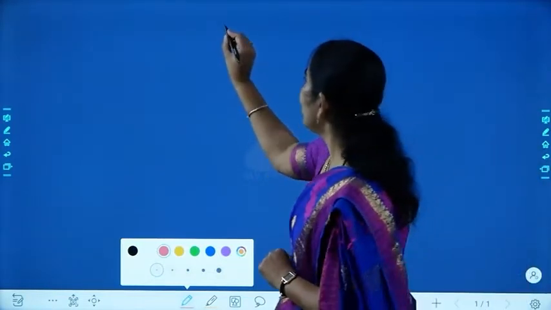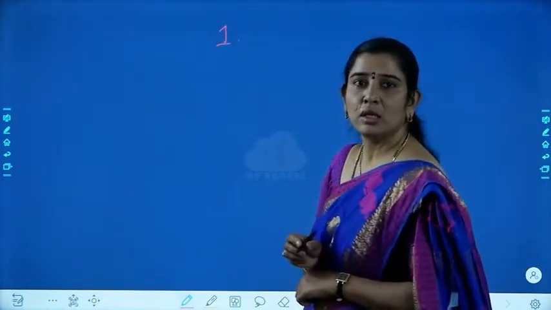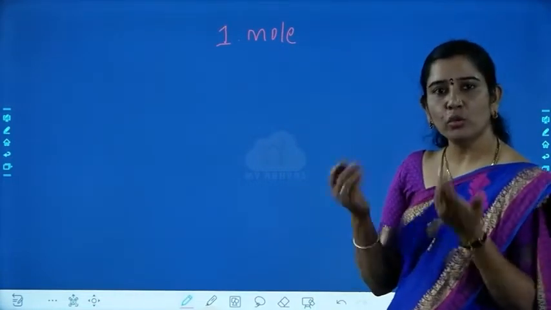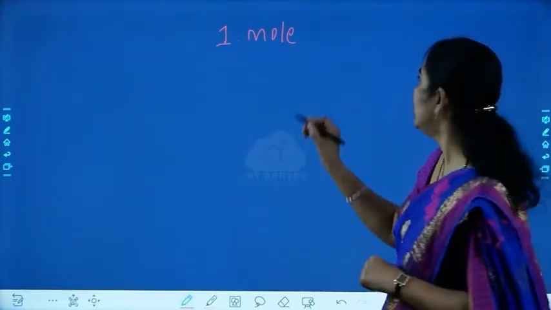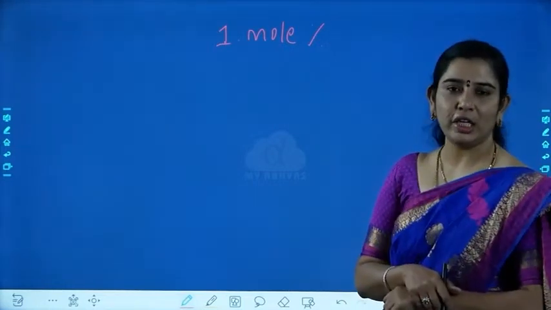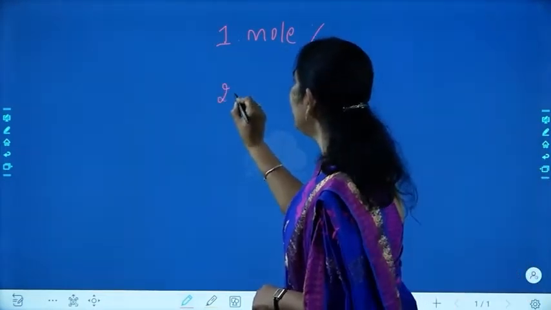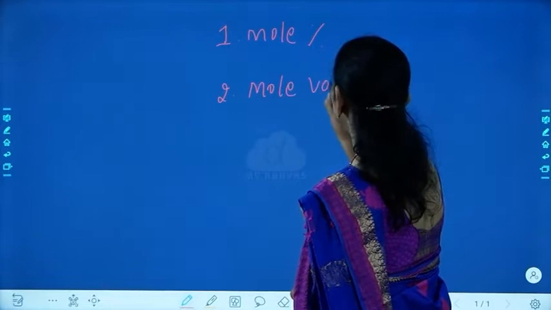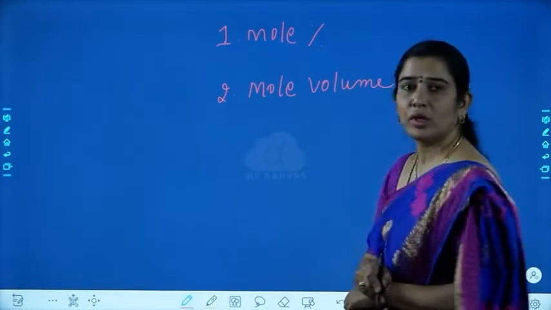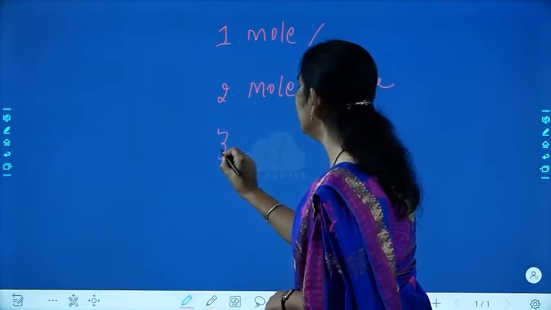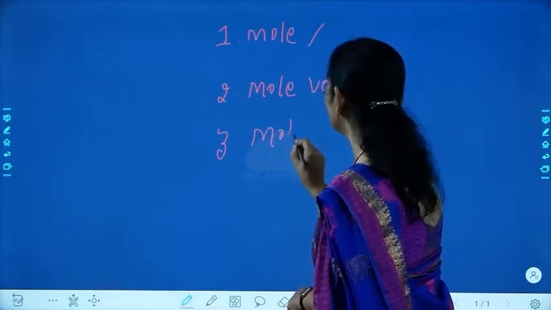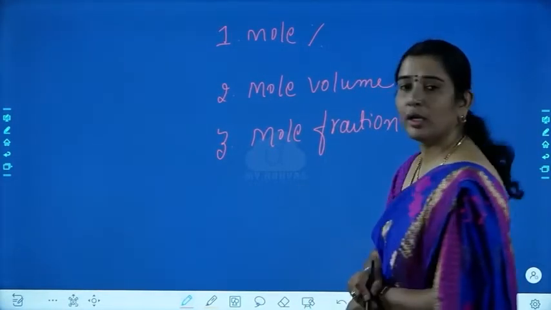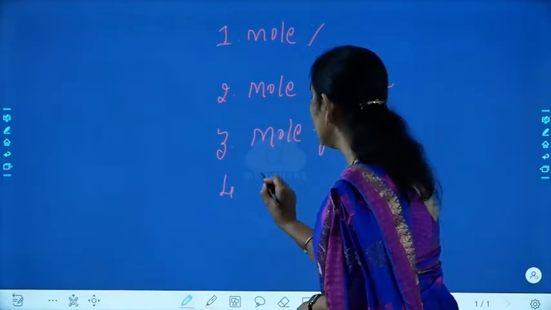There are different methods through which you can express the concentration. First is mole percentage. Second is mole volume. Third is mole fraction. Fourth is molarity.